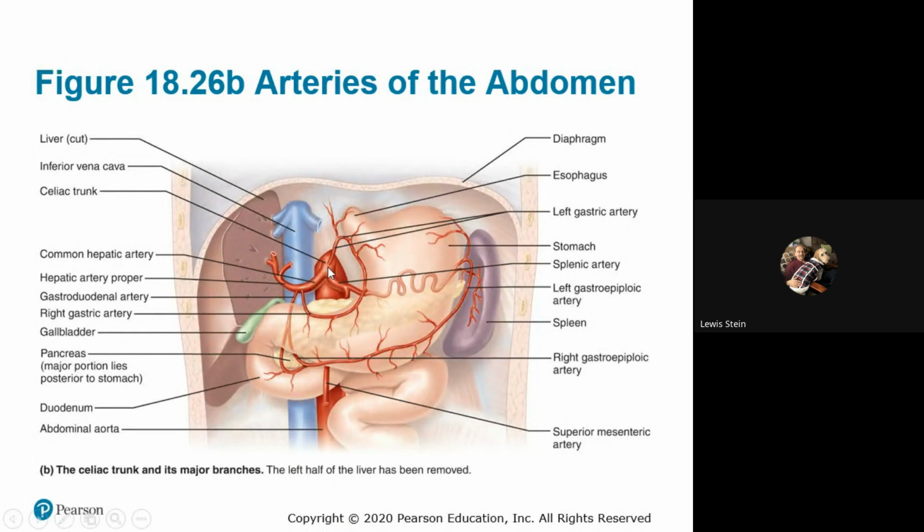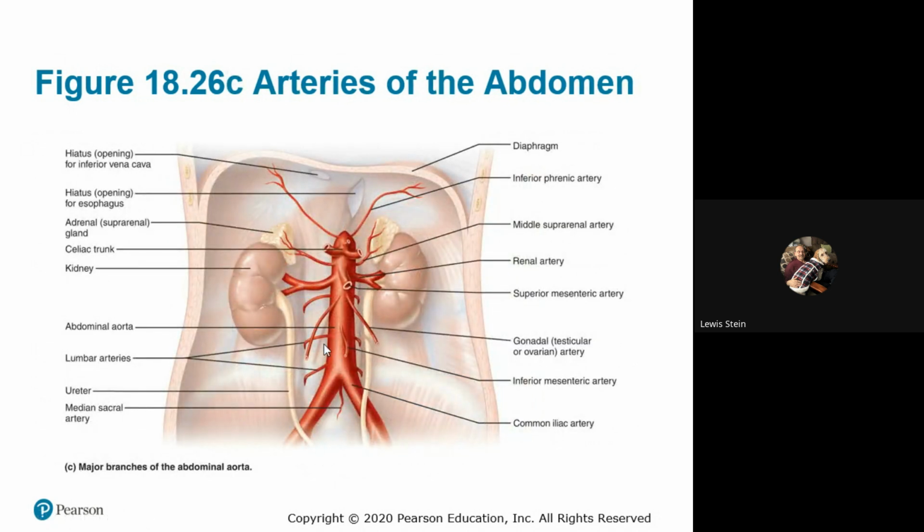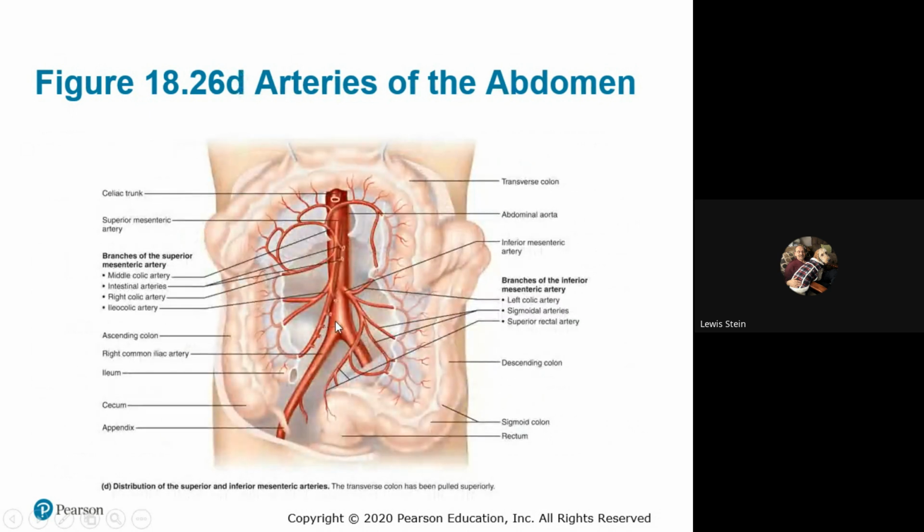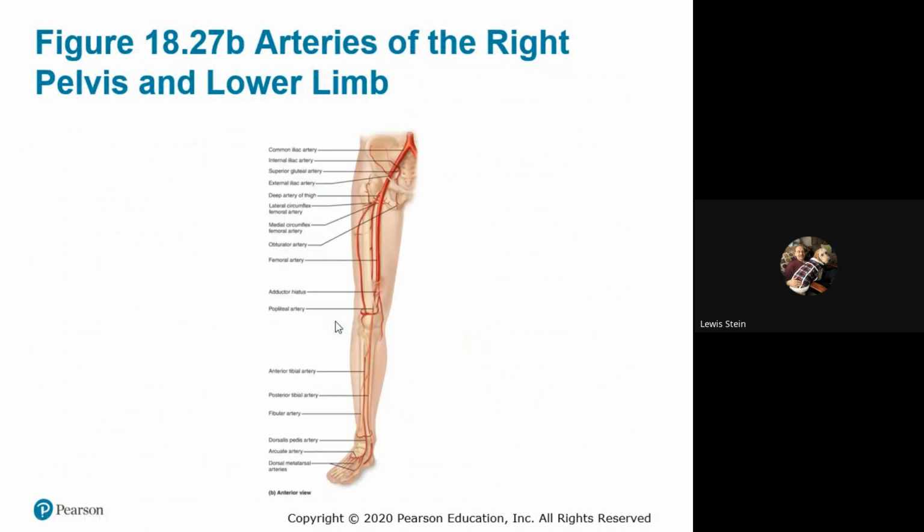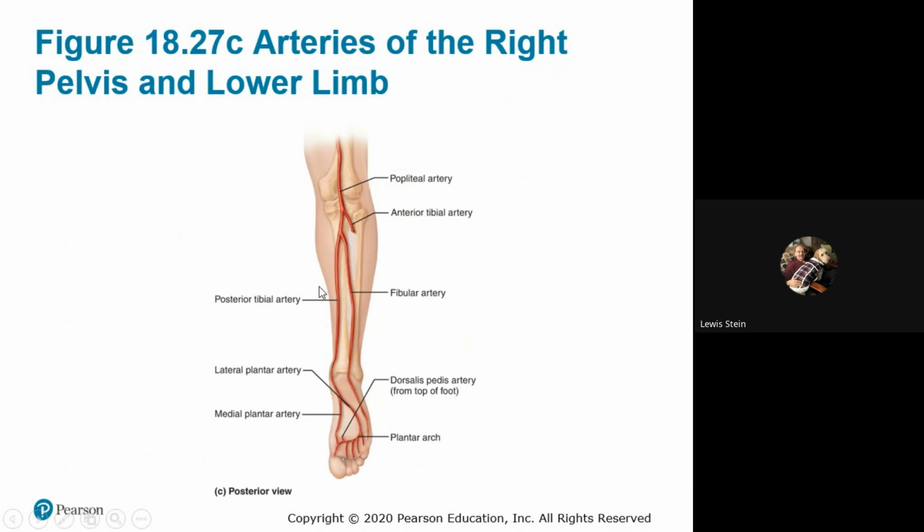The abdominal aorta, okay. And so this would be the celiac trunk, superior and inferior mesenteric, the renals, the suprarenals, etc. And then the lower extremity, you can start almost anywhere with that, the iliacs, the femoral, popliteal, tibial artery, fibular arteries.